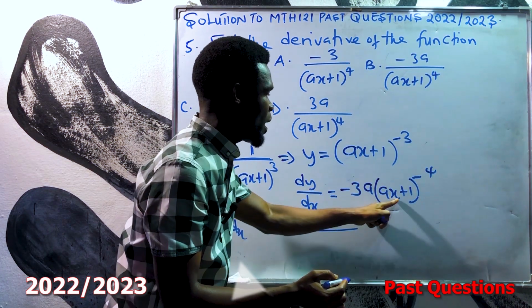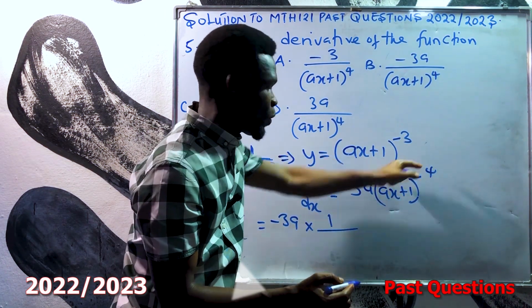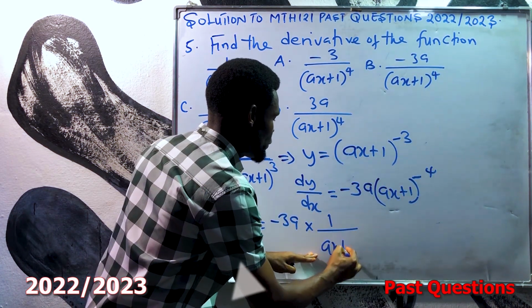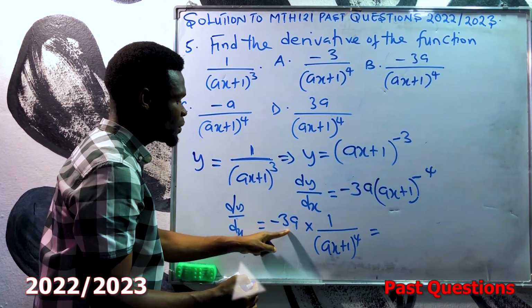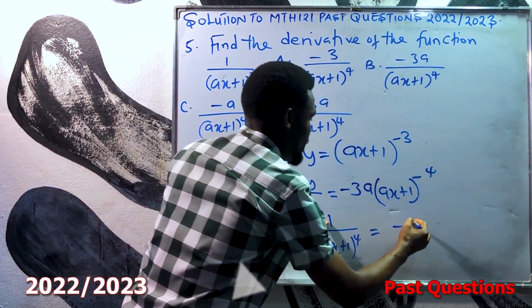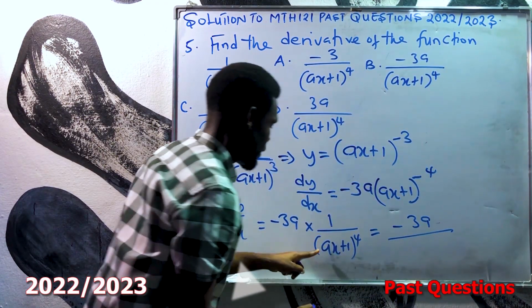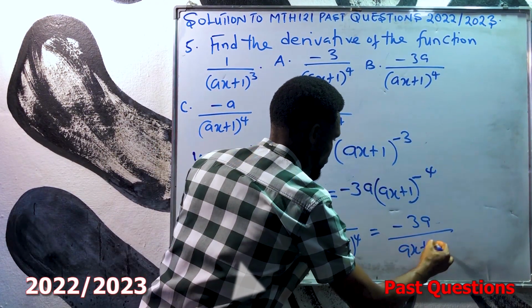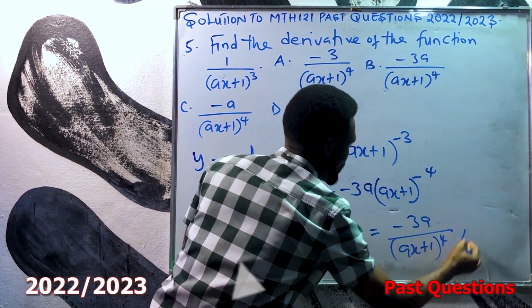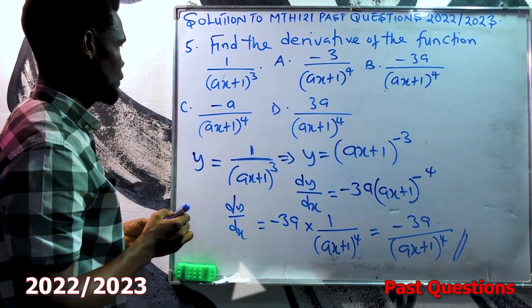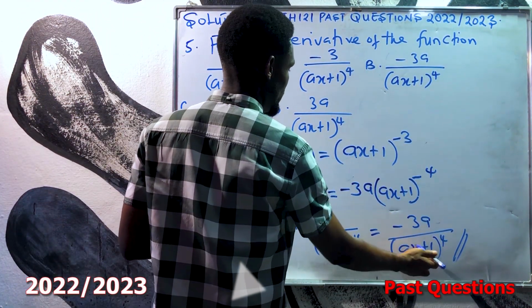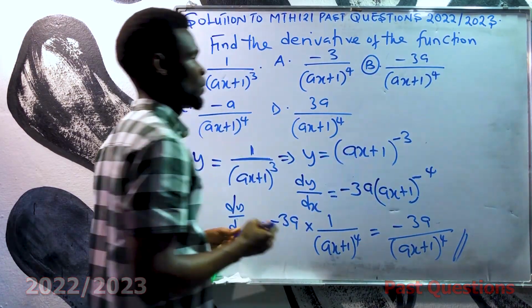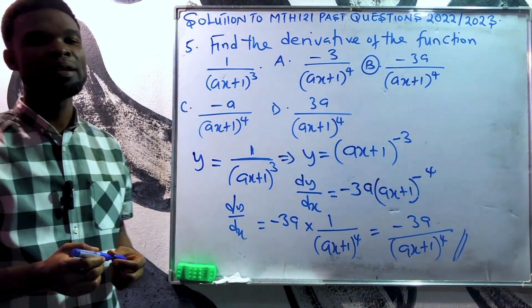Then I'll be left with ax plus 1 raised to the power of 4. So this is equal to minus 3a times 1 is minus 3a all over ax plus 1 raised to the power of 4. So that is option B. Minus 3a all over ax plus 1 raised to the power of 4. That's exactly how to get that done.